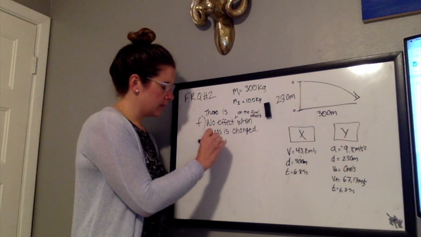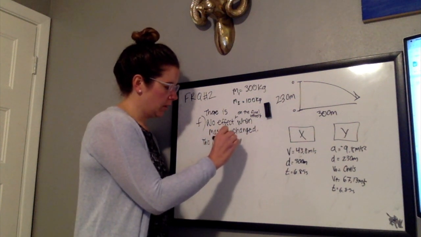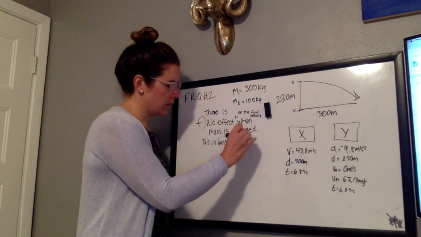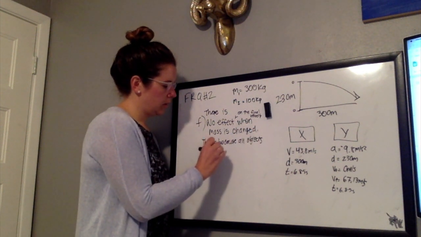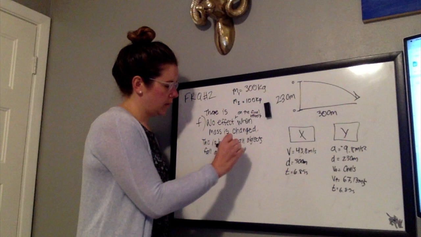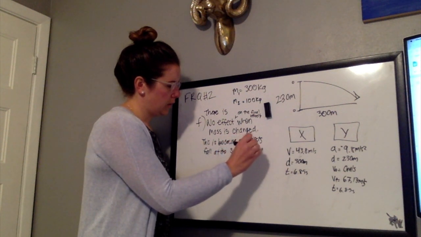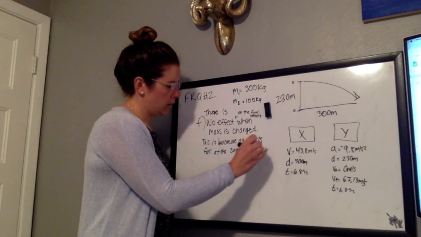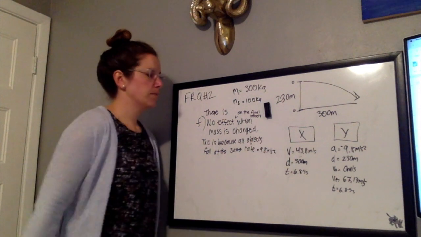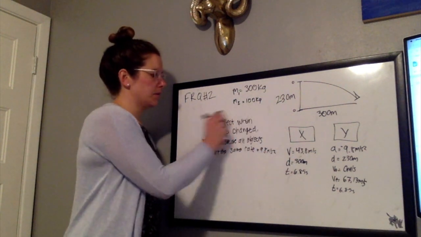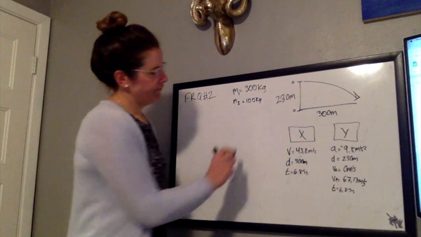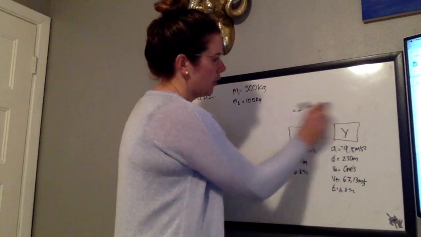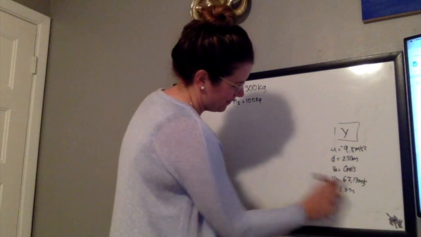This is because all objects... cool. Mass doesn't matter. So you could throw a baseball or you could throw a piano out the window. They should all hit the ground at the same time.